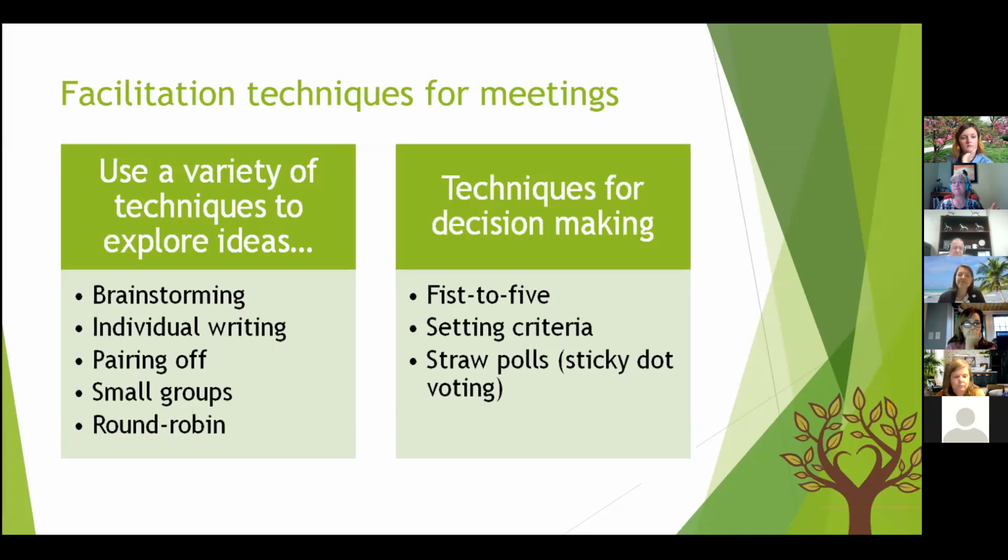So if people just don't seem to be engaged in a topic, you can say, all right, we're going to pair off and talk about this and share each other's opinions. And then when people are finished discussing in pairs, then they can share back to the whole group. If you're using Zoom, Jacqueline mentioned breakout rooms earlier. You can randomly just do 2 people in a breakout room, quickly pair them off for 10 minutes.